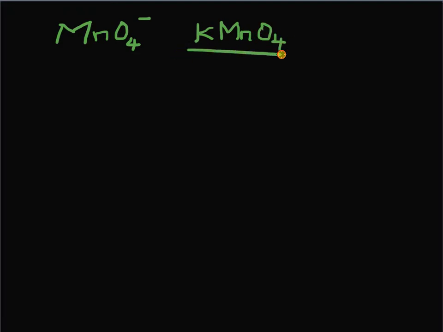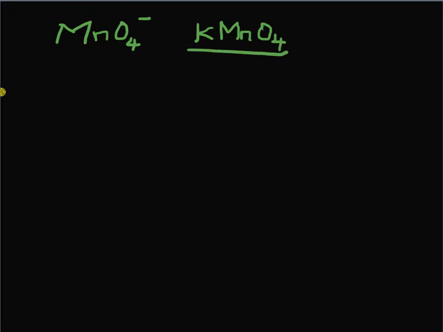In this session, I would take up another oxoanion of a transition metal for discussion. That is the permanganate ion, MnO4 minus, which is familiar to us as potassium permanganate in the laboratory, KMnO4.